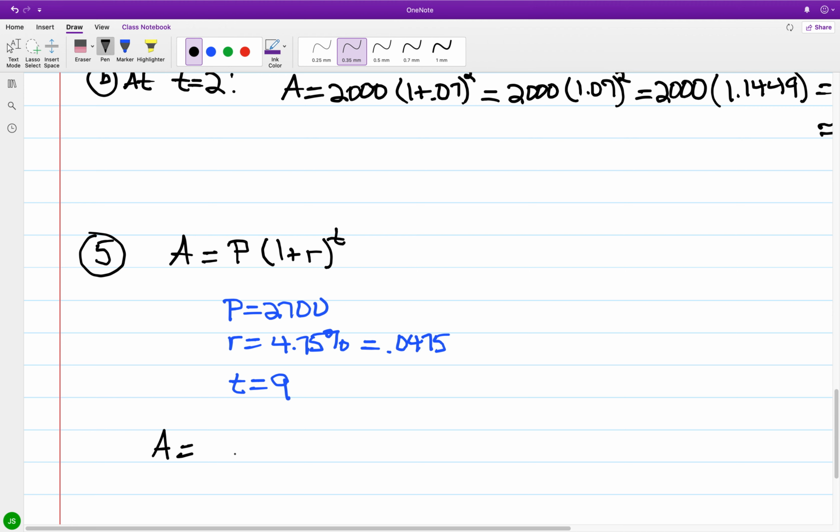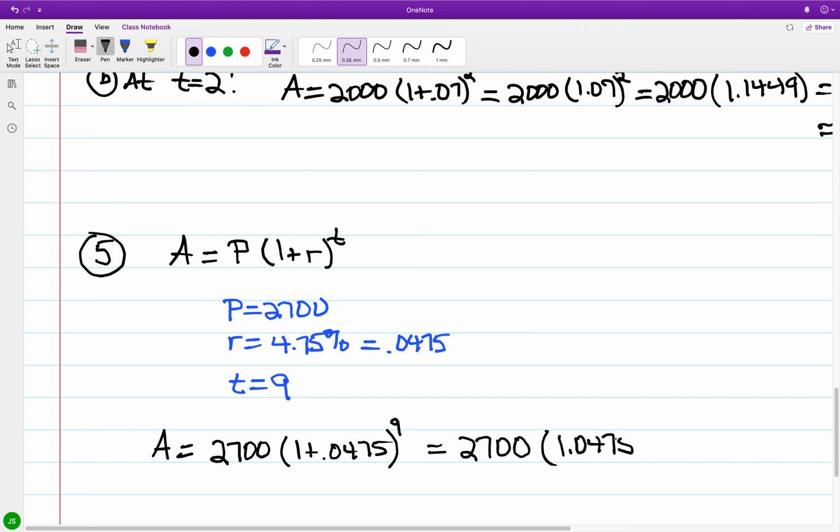So putting in the quantities, we have 2,700 times 1 plus 0.0475, and to the T power we have to the 9th power. So you have 2,700 times 1.0475 to the 9th power.